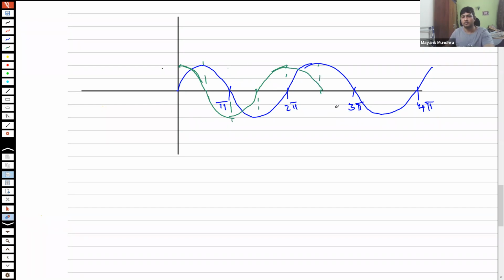And here it will achieve its minima, and so on it will go. So it looks just like it is lagging behind the sine curve. The main thing is it starts from 1 at 0, at pi by 2 it is 0, at pi it is -1, and so on. So this is your cos of x, whereas this is your sine of x.